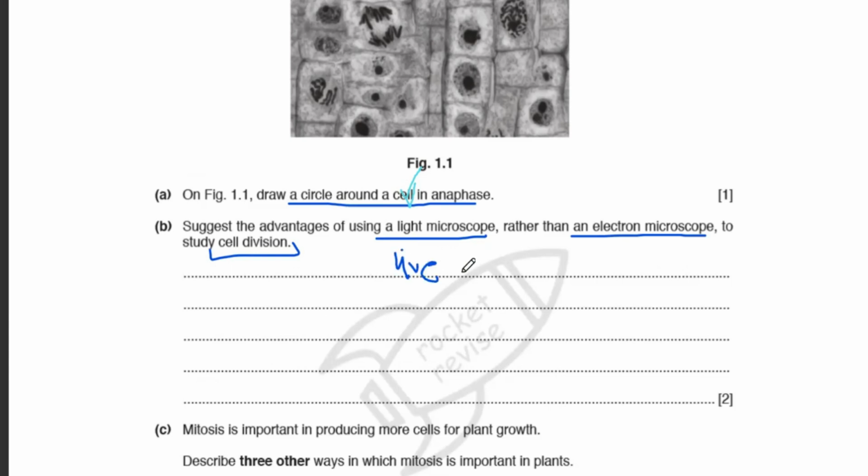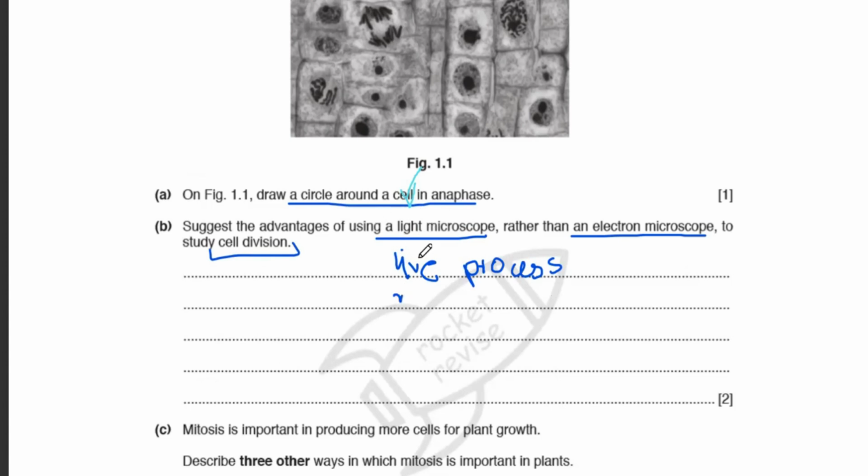You can literally see a live process under a light microscope because your electron microscope requires a dead specimen. Cell division is a live process, meaning it has so many stages that you need to see, so you can only observe it under the light microscope. So this is one of the advantages. Other than that, you can state about the resolution.